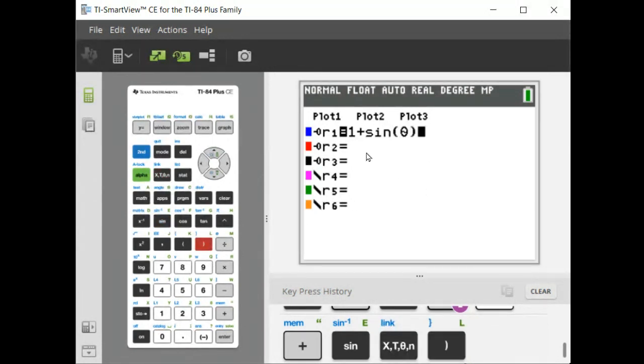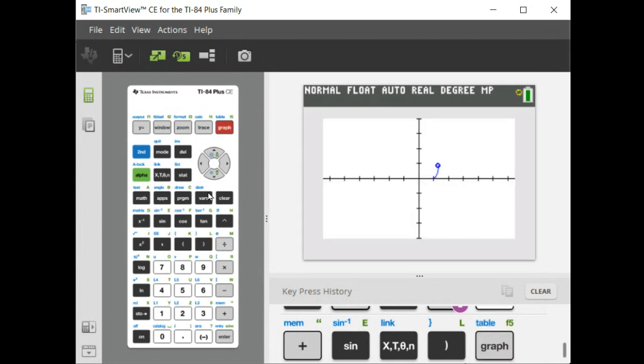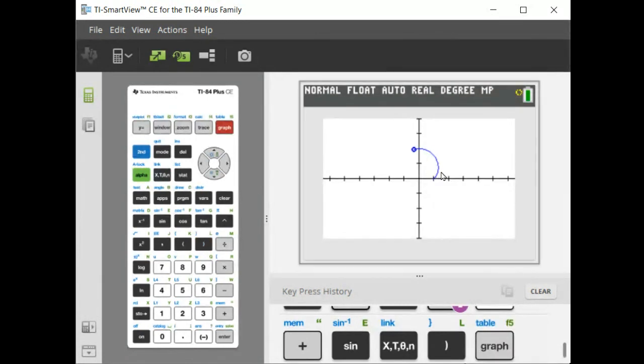Then in a second, we'll look at 1 minus sine theta to see what it is, and then write down the difference. You see here, it does start at 1, right? Then keep going. There you go. It's going to make a cardioid with the tip of the cardioid pointing up instead of going to the right.